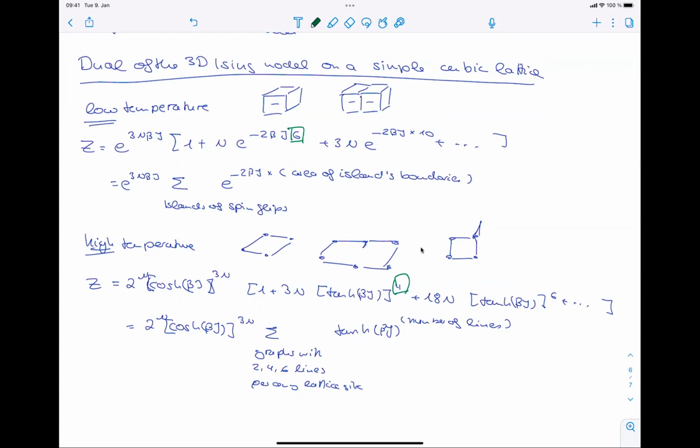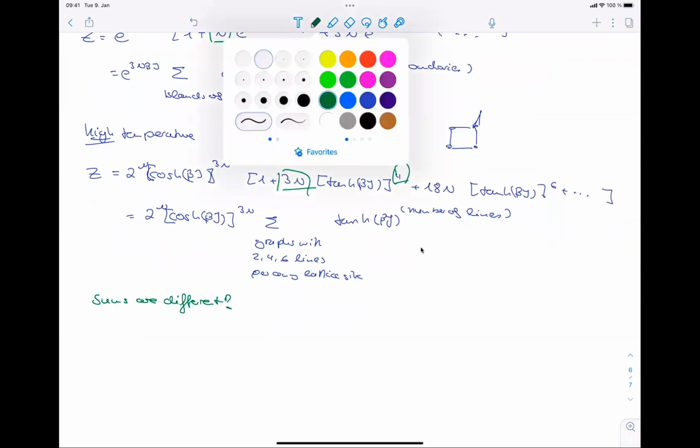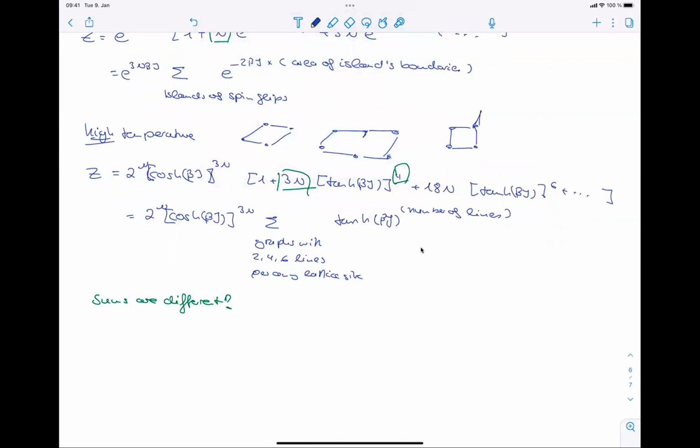Okay, and also obviously the factors now don't match anymore. What shall we do? Indeed the sums here are different. Okay, but we learned from the example of the 2D lattice that conceptually it is possible.